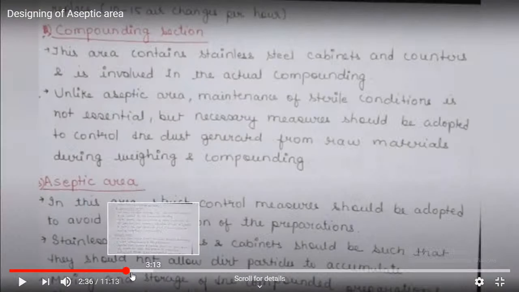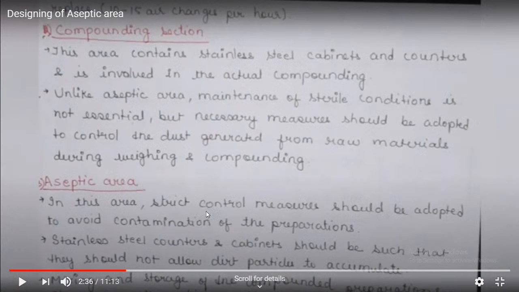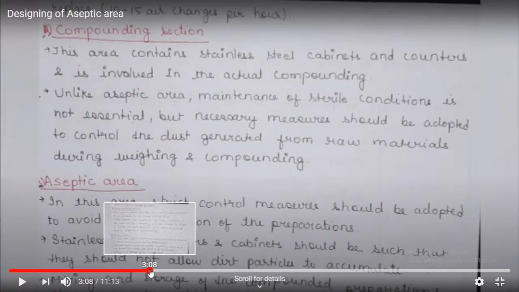Next one, aseptic area. In this area, strict control measures should be adopted against contamination of the preparation. The stainless steel counters and cabinets should be such that they do not allow dust particles to accumulate with the material.